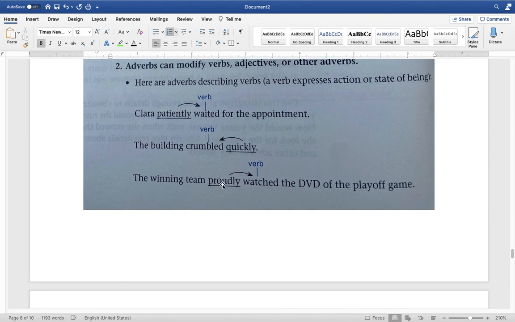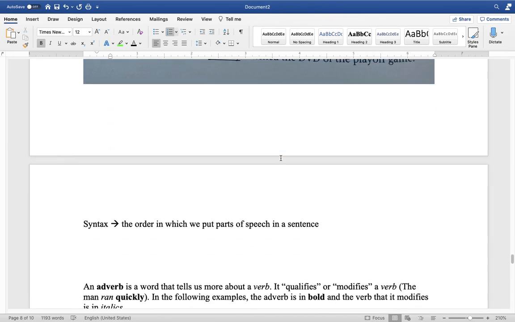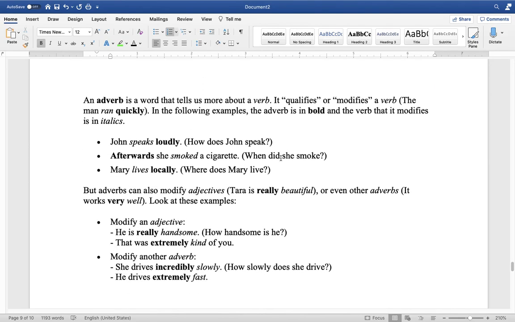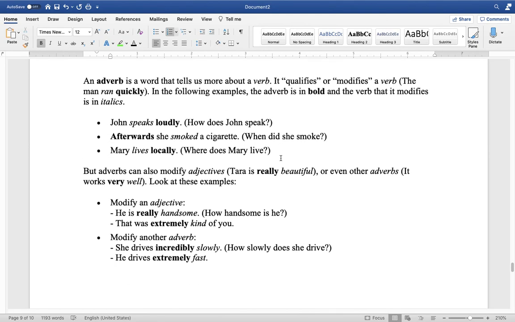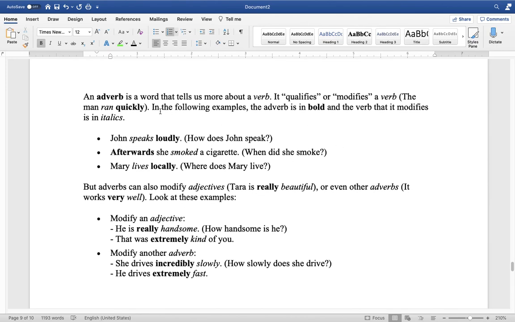And then the winning team proudly watched. That's correct because the adverb is coming before the verb. And just to reiterate some of those things that the textbook told us, an adverb tells us more about a verb.